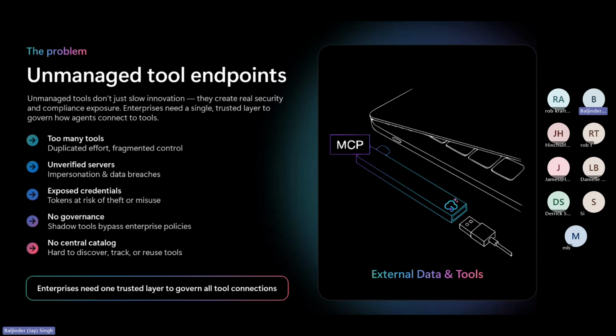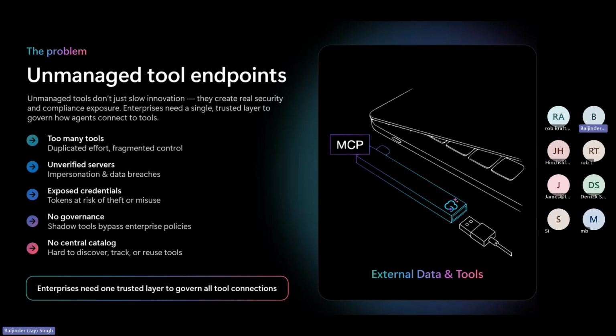But once agents start using a lot of tools, you might start with one or two, but in an enterprise, once our agents are using multiple tools, new problems appear. And it's what we call unmanaged tool endpoints, or in other words, this is the M by N explosion, and I'll talk more about it as we move forward.